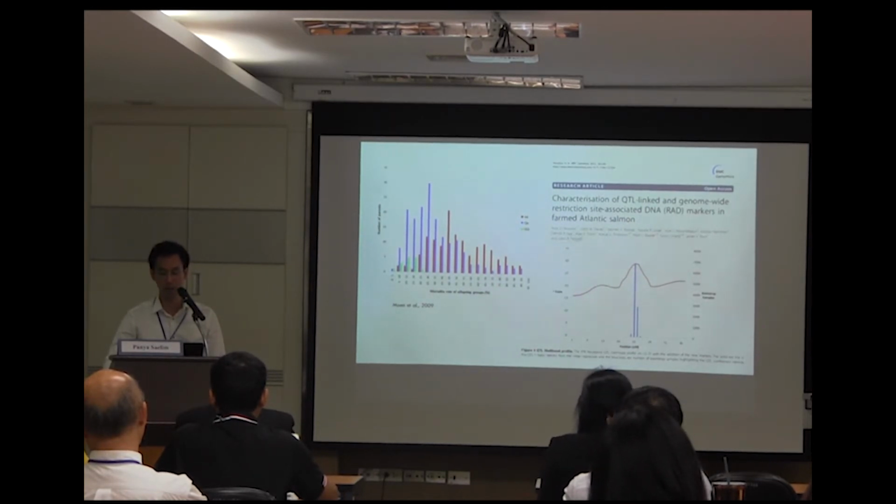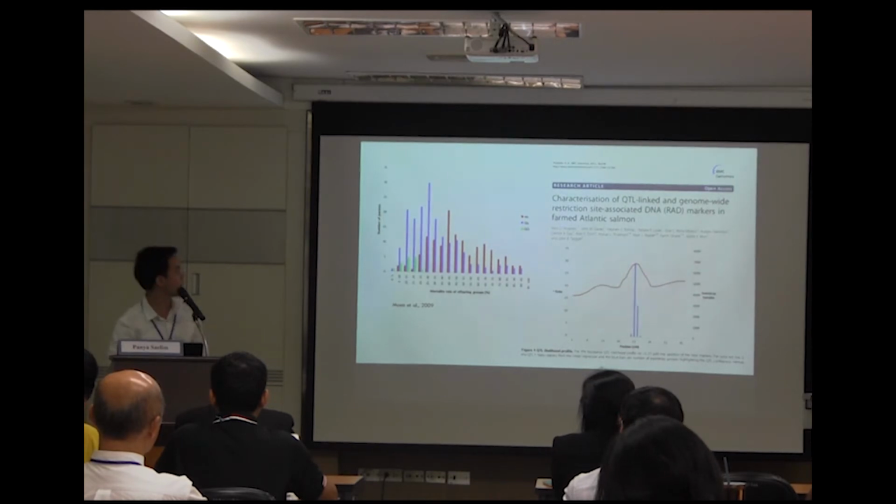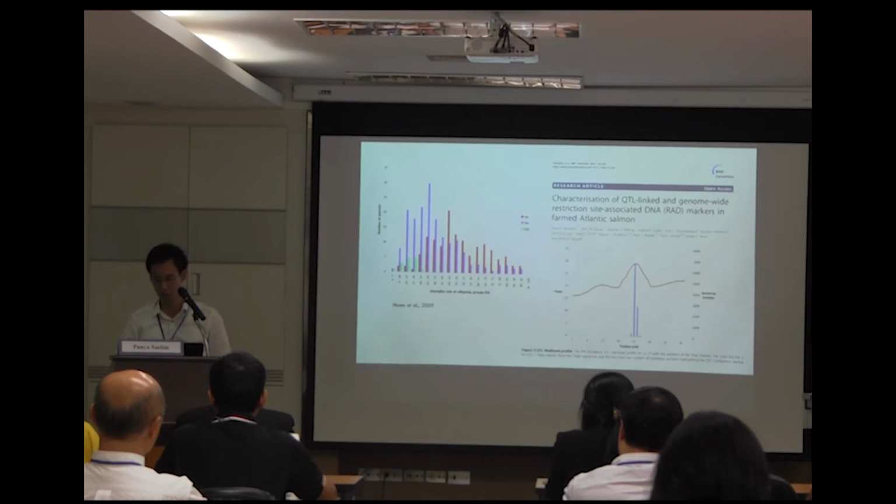They found the position at 21 centimorgan on chromosome 28 associated with the IPN QTL, and it's really quite a strong peak. So you can say that just one marker explains quite a large proportion of the variation of the phenotype.